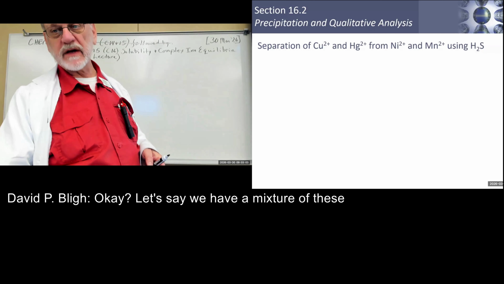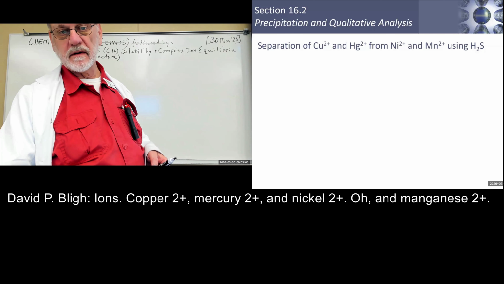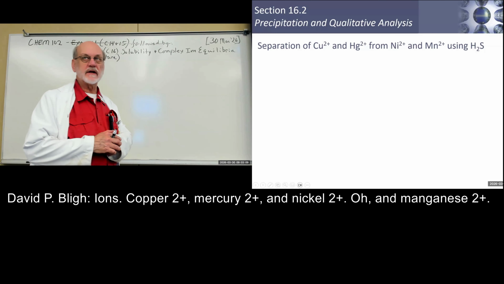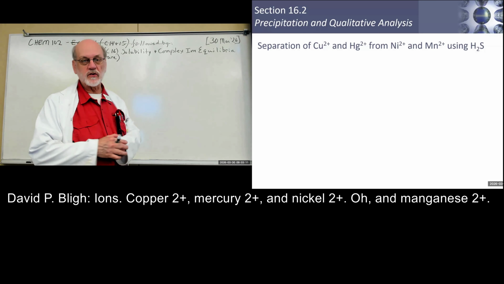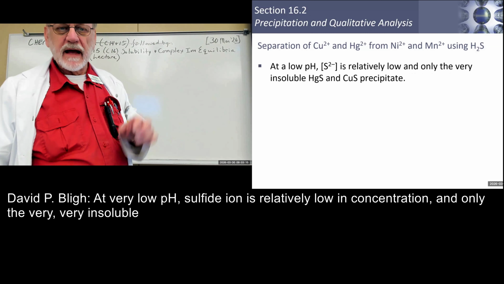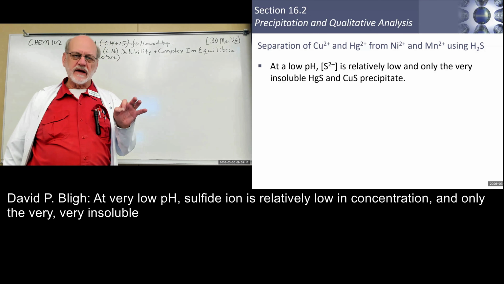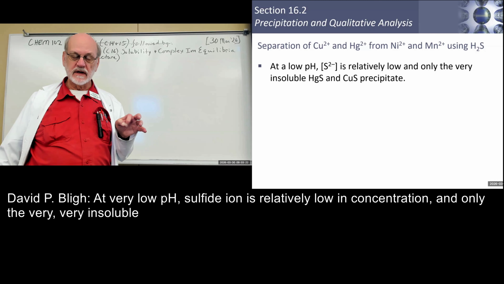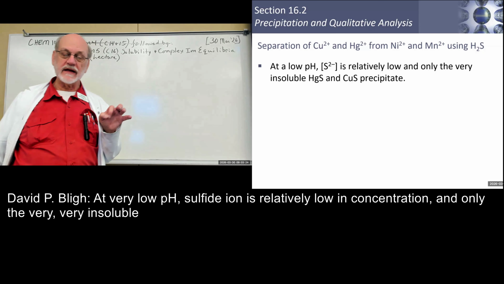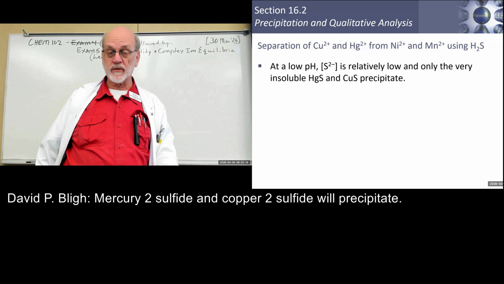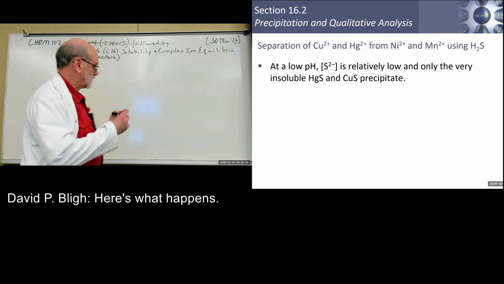Okay, let's say we have a mixture of these ions: copper 2 plus, mercury 2 plus, and nickel 2 plus. Oh, and manganese 2 plus. At very low pH, sulfide ion is relatively low in concentration, and only the very, very insoluble mercury 2 sulfide and copper 2 sulfide will precipitate. Here's what happens.